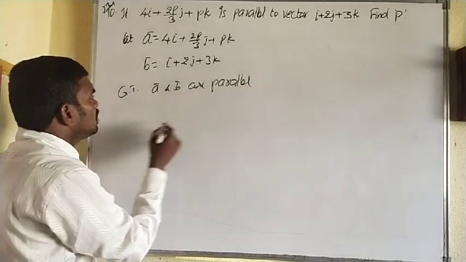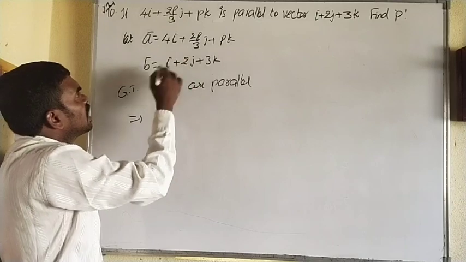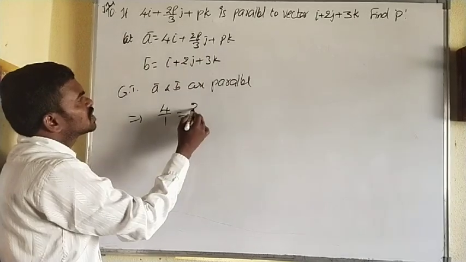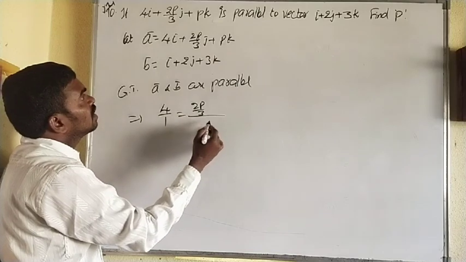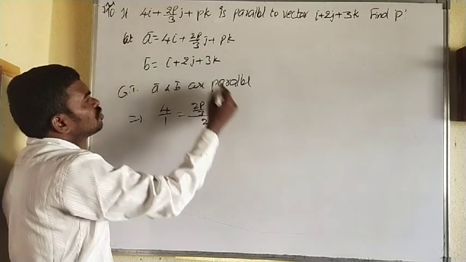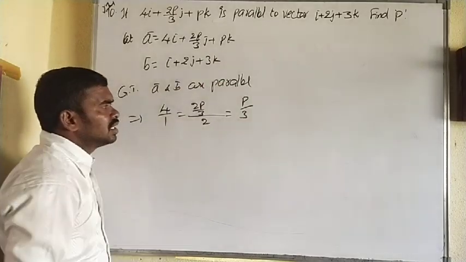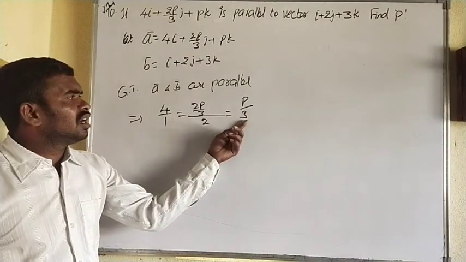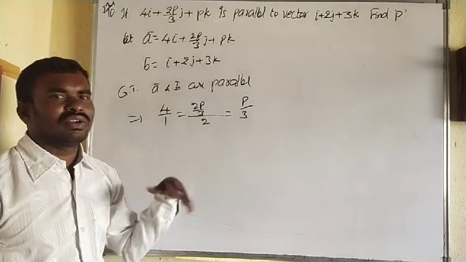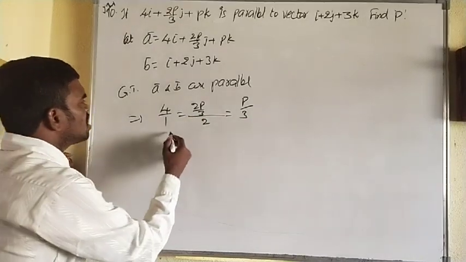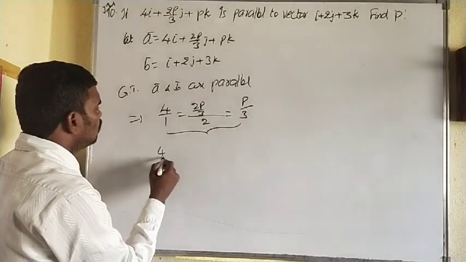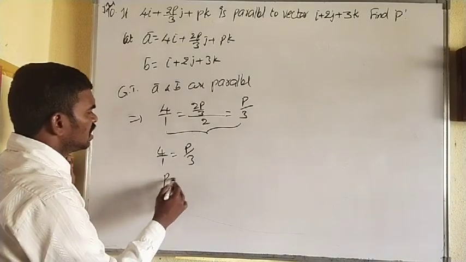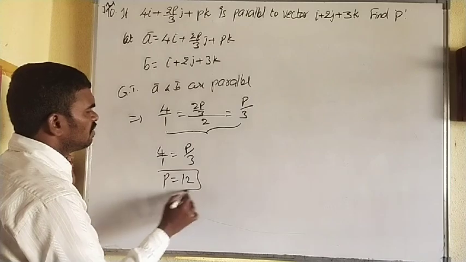So parallel means what is the condition? i coefficient by i coefficient means 4 by 1 is equal to j coefficient by j coefficient means 2p by 3 by 2 is equal to k coefficient by k coefficient, so p by 3. Equating either first and second, or second and third, or first and third, you can get the p value. I'm just equating first and last: 4 by 1 equal to p by 3. Cross multiplication: 1 into p is equal to 4 into 3, 12. So we got the p value.